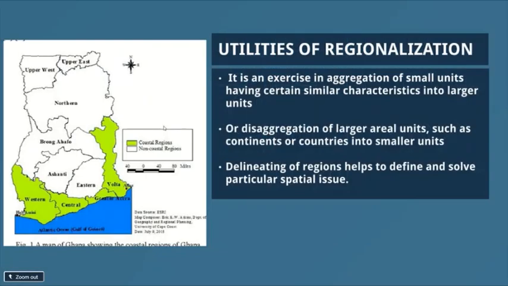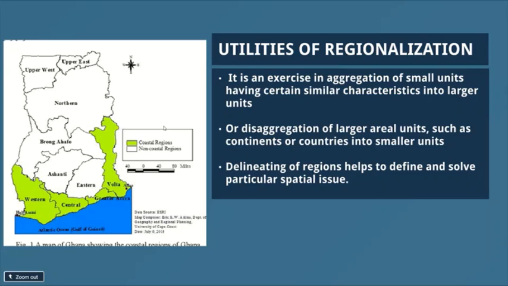Okay, so regionalization is an exercise in aggregation of small units having certain similar characteristics into larger units. And so we may have smaller units in Ghana, like Western Region, Central Region, Greater Accra, and Volta Region. And these areas share some characteristics.